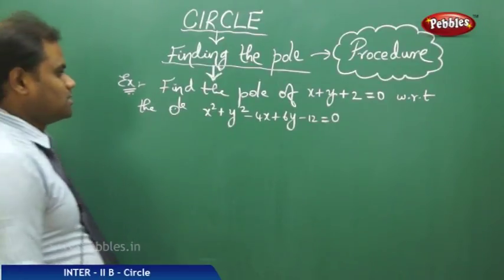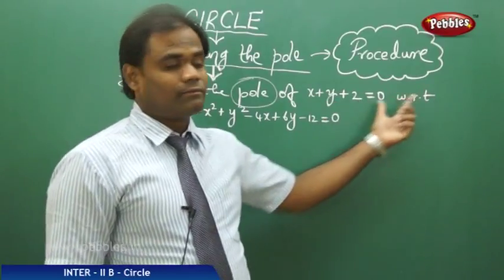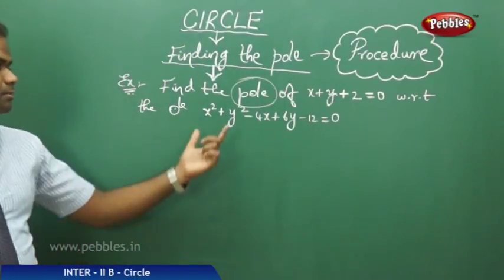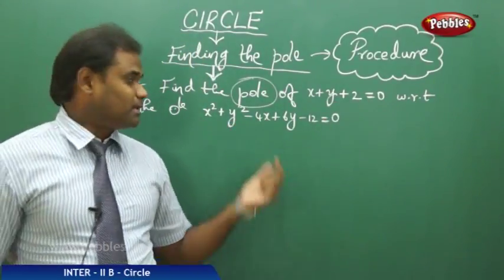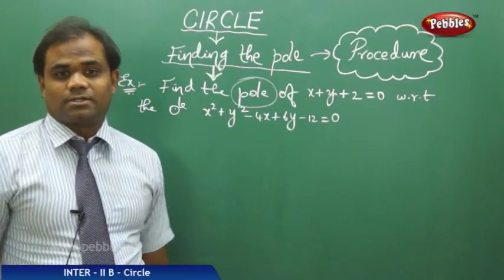So here the question is about finding the pole for this line, which is the polar with respect to the circle x squared plus y squared minus 4x plus 6y minus 12 equal to 0. So let's see the process of finding the pole.